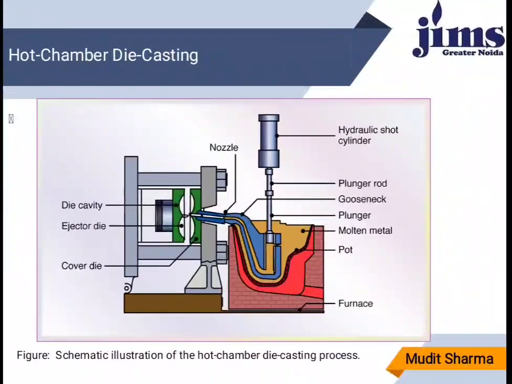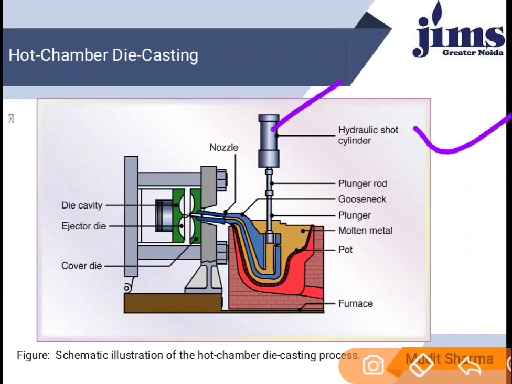Now I am going to discuss hot chamber. Why do we call it hot chamber? This process involves the use of a piston which traps a certain volume of the molten metal and forces it into the die cavity through a gooseneck and nozzle. The pressure ranges up to 35 megapascal, with an average of about 15 megapascal.